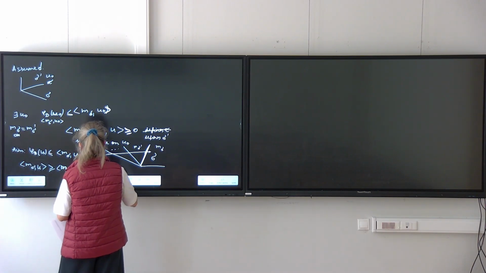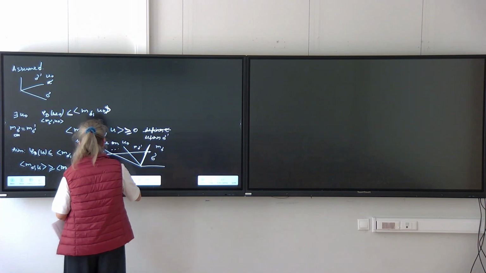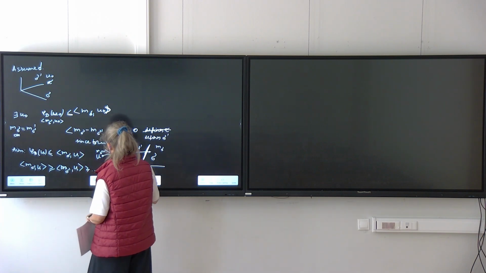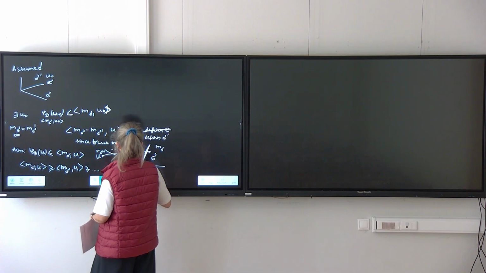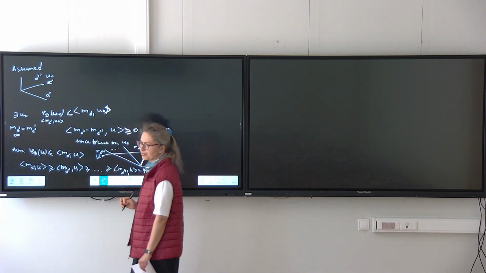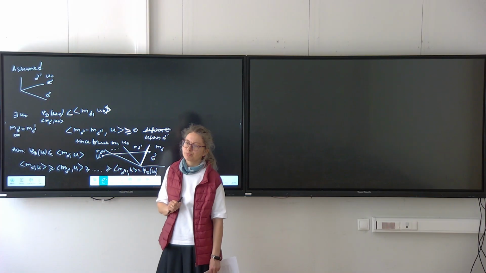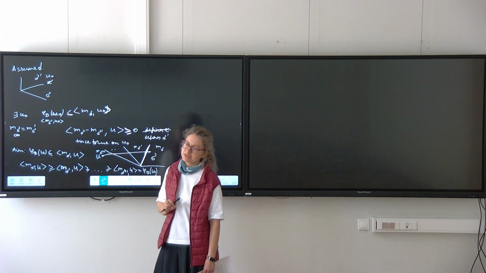And the last one, which is the value phi b of our point u. So we showed that D implies B.